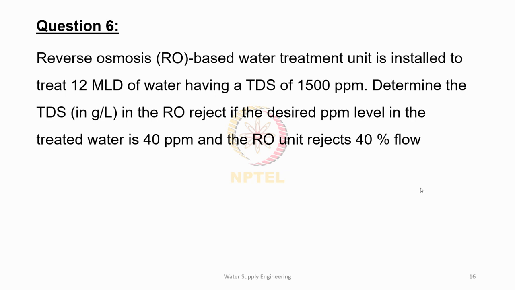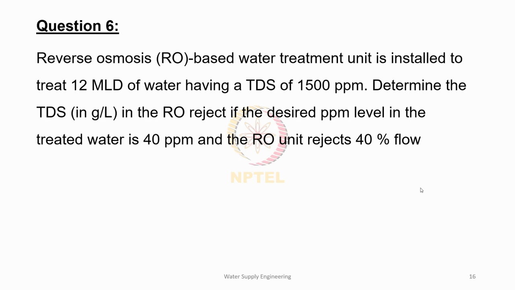So here we have a water treatment plant. It is supposed to treat 12 MLD of water which is having 1500 ppm of total dissolved solids. We are asked to determine the TDS in the RO reject water. Once the treatment is over, a portion will be rejected, and here this RO unit rejects 40% of the flow.